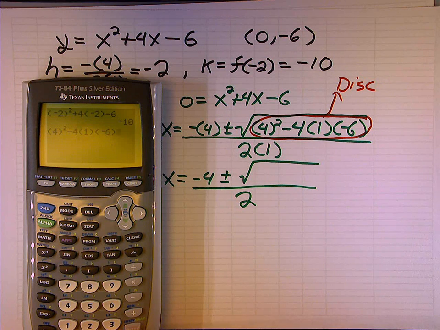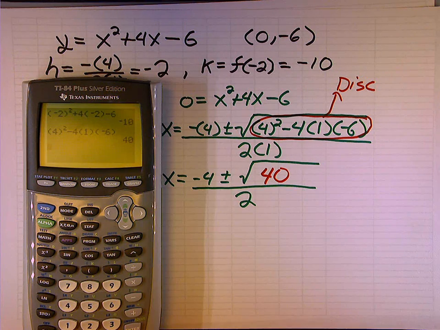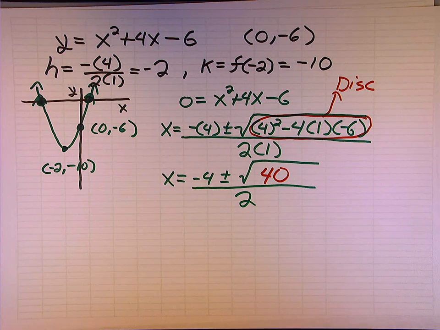Make sure you use proper use of parentheses when you do a substitution, giving me a 40. That is my discriminant. My discriminant is a positive number. That's important because you can take the square root of a positive number.